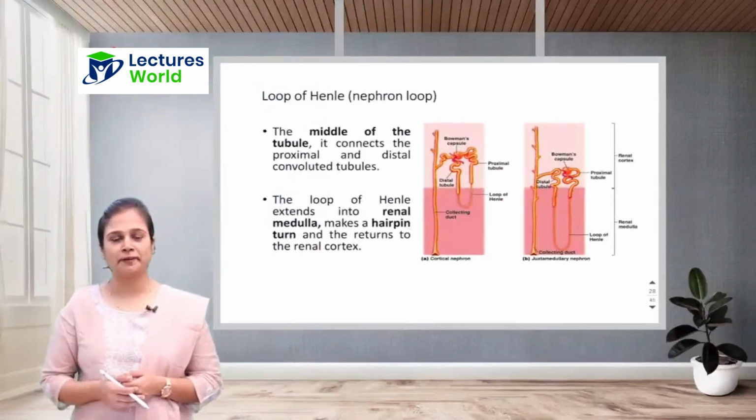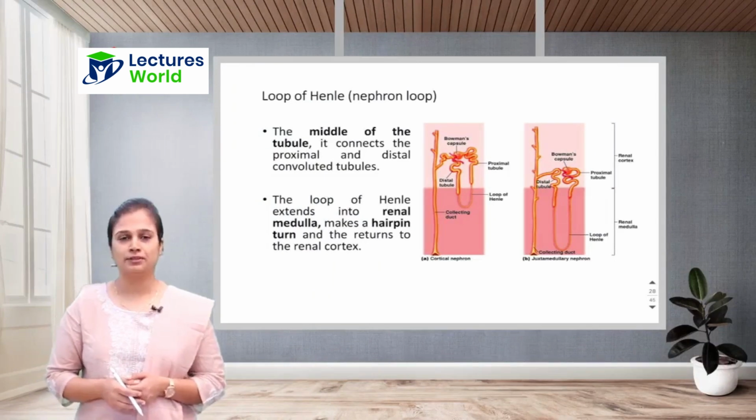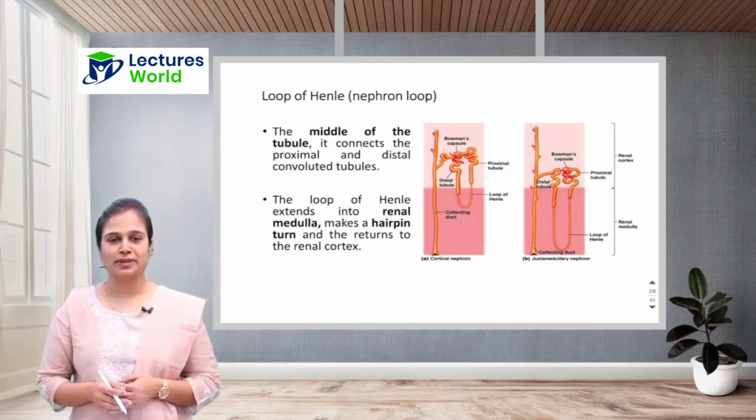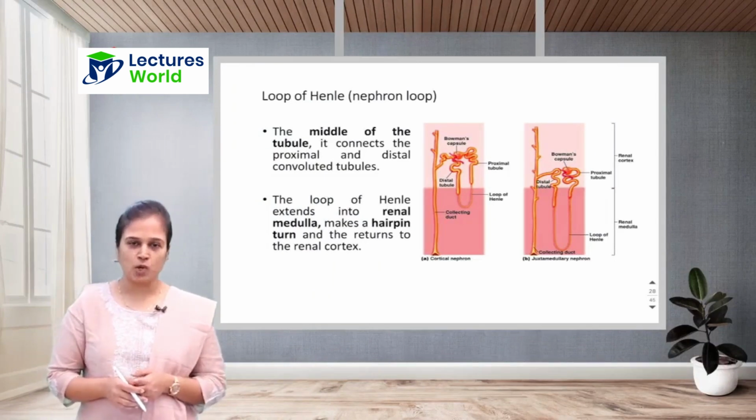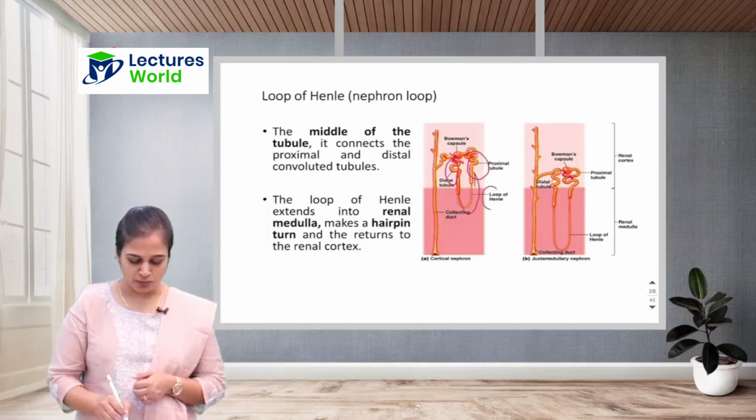Talking about the loop of Henle, it is also called the nephron loop. It is the middle of the tubule, connecting the proximal and the distal convoluted tubule. So this one is the distal tubule and this one is the proximal tubule, and this is connected with the loop of Henle.